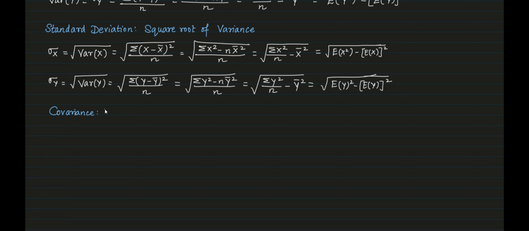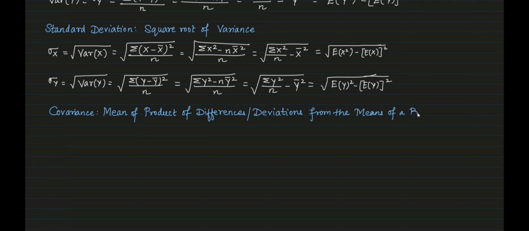Basically, covariance is the mean of the product of differences or deviations from the means of a bivariate dataset.